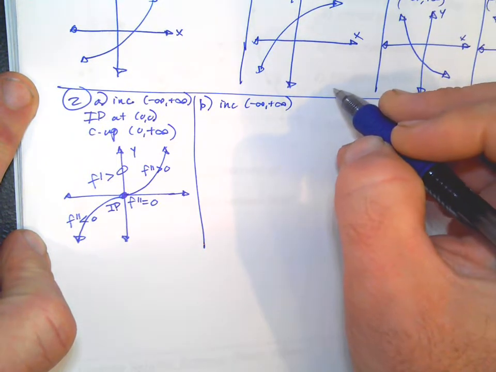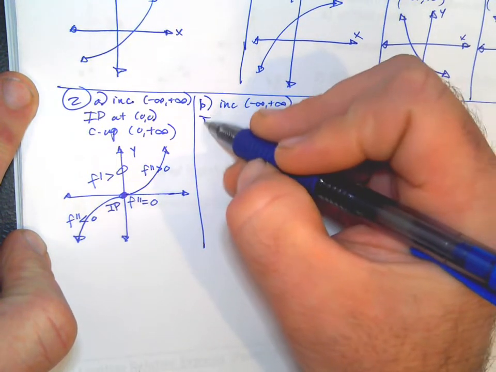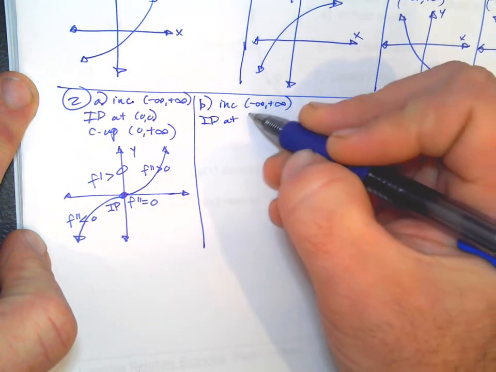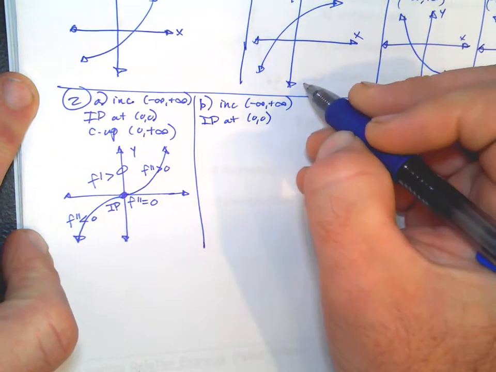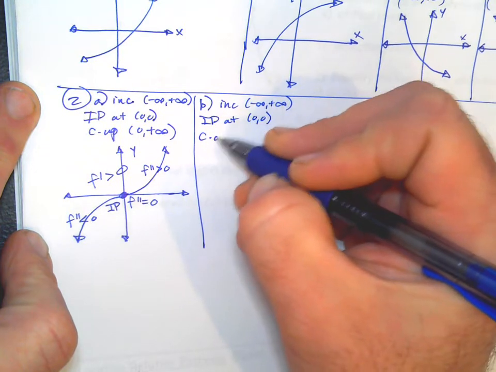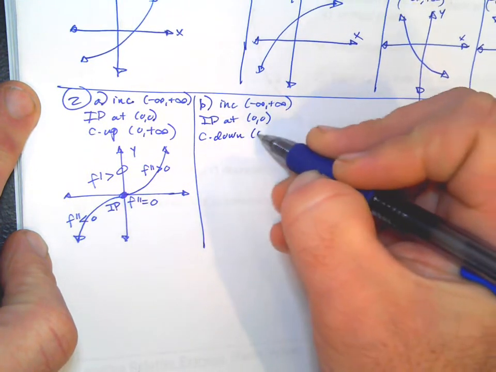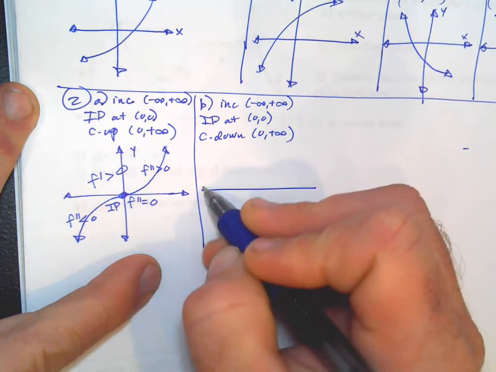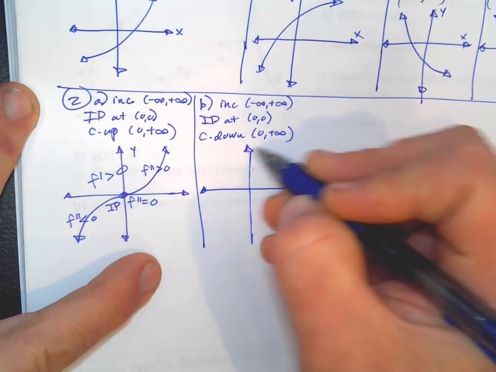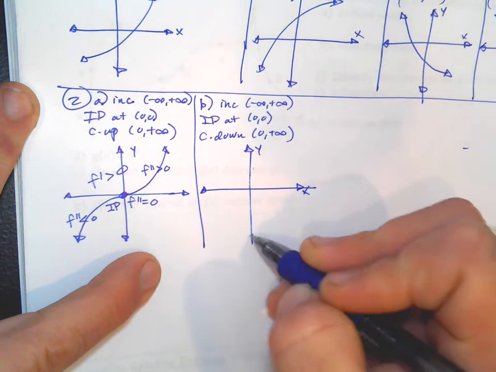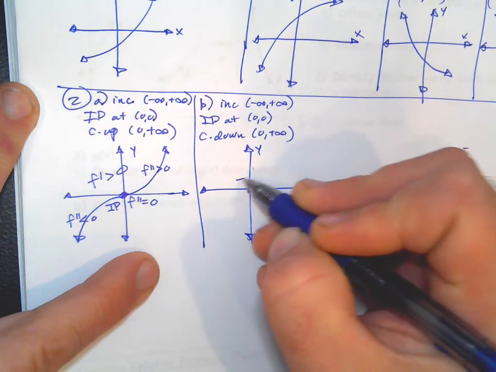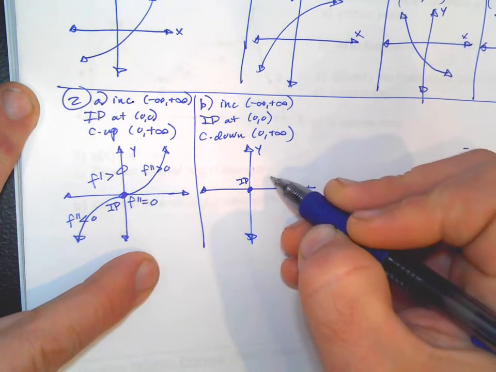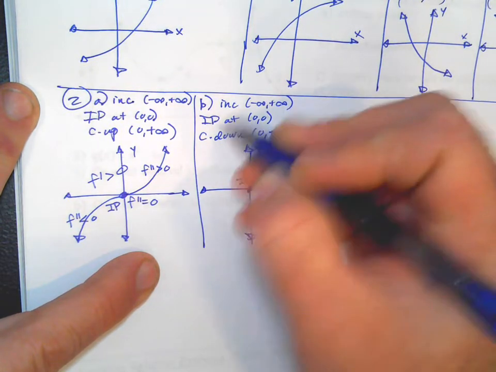B says it's increasing from negative infinity to positive infinity, and it has an inflection point at the origin, IP at 0, 0. And then it says it's concave down on 0 to positive infinity. Sounds very similar. So we definitely have an inflection point here, and then it's concave down from 0 to positive infinity, but the whole graph is increasing, right?